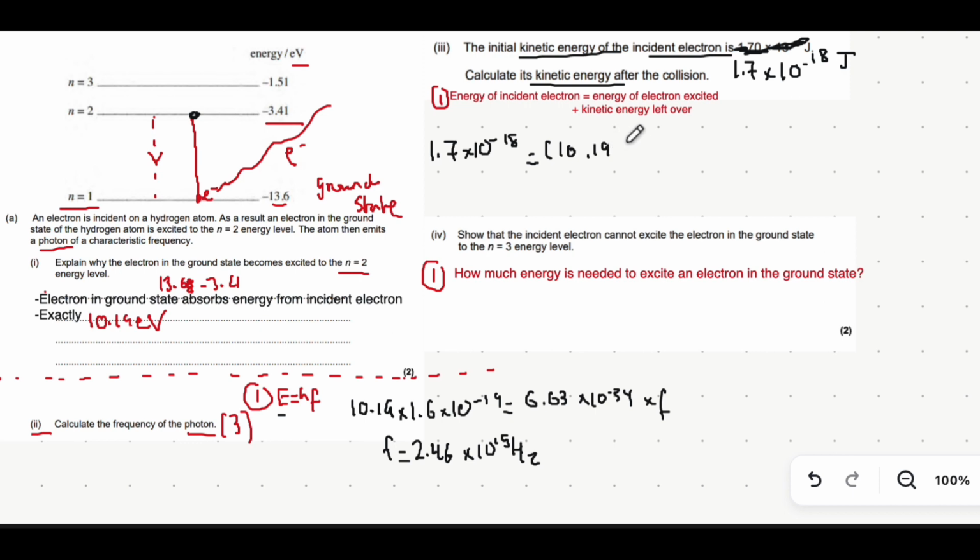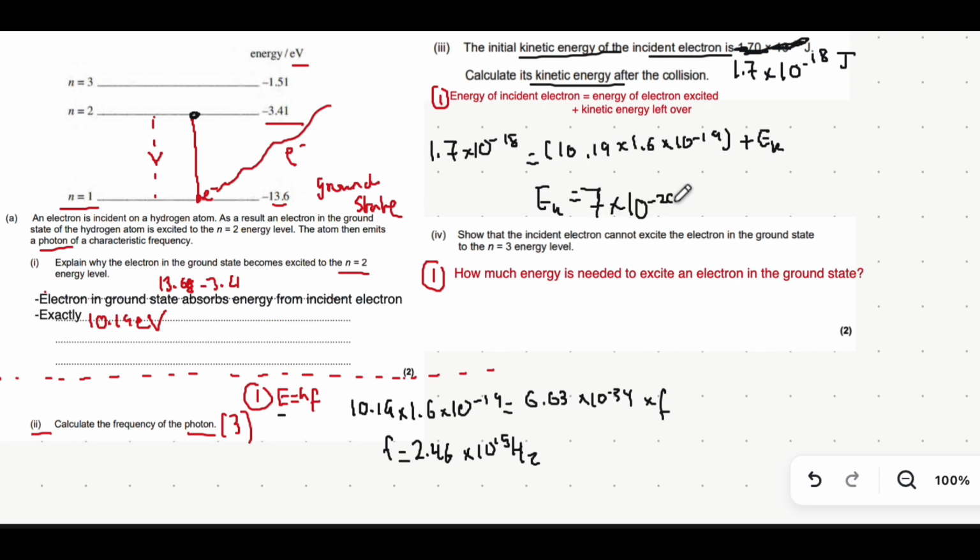So this is the energy needed to excite the electron on ground state, plus the kinetic energy that the electron has after being excited. That's what we're trying to find. I'm going to write that as EK, which is just a subscript for kinetic energy. Taking away this whole value from both sides of the equation, we get that the kinetic energy is actually just equal to 7 times 10 to the power of minus 20 joules. So that's your final answer here.